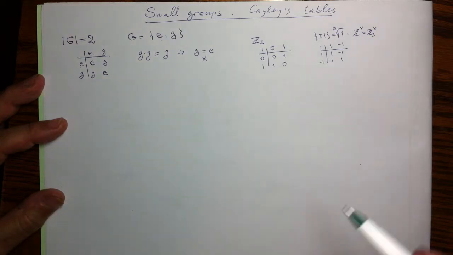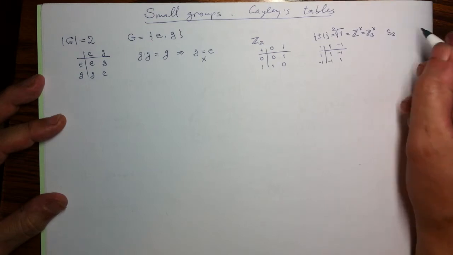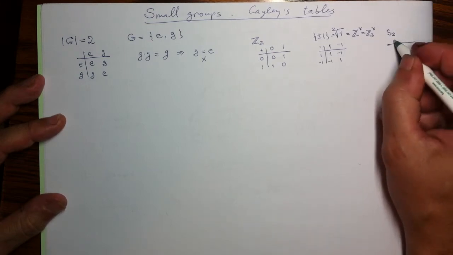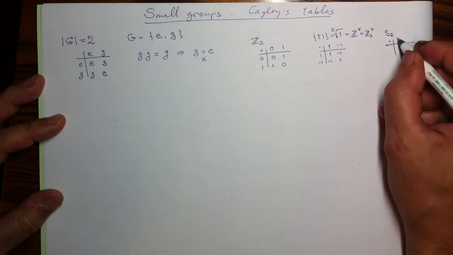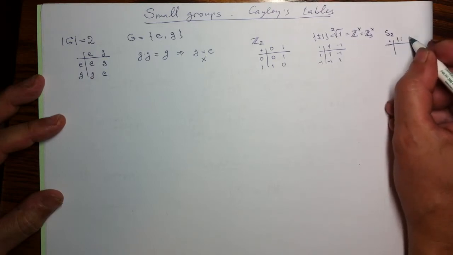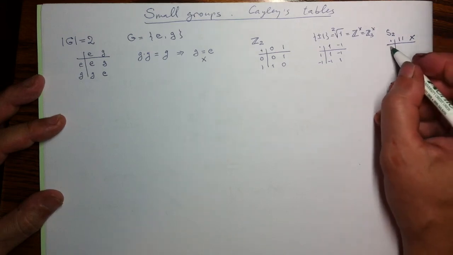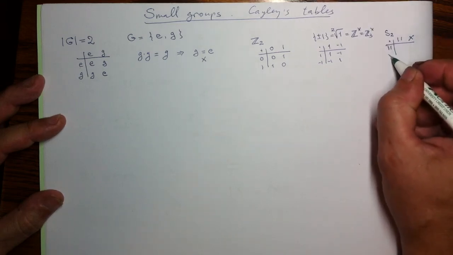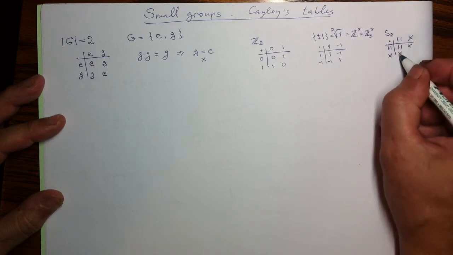Perhaps the last incarnation of this is the symmetric group S2, the group of permutations. This time it's the composition which we are using as the operation, and I will draw pictures for the elements, the identity and the non-identity, which is called a transposition, and then the composition table will be again the only possible one.